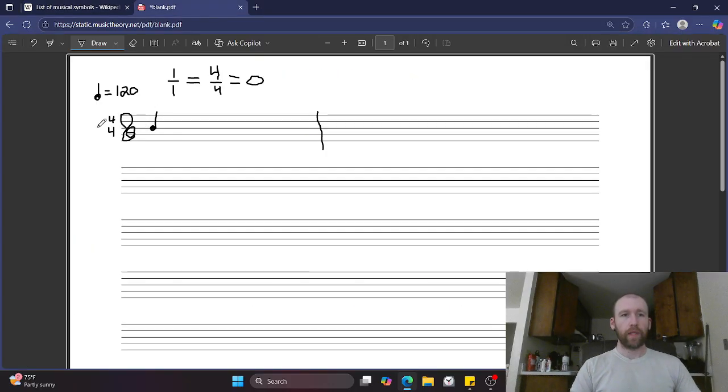So remember, this measure has to be equal to 4 over 4. This is a quarter note. And a quarter note is equal to 1 over 4. So I have to meet the requirement.